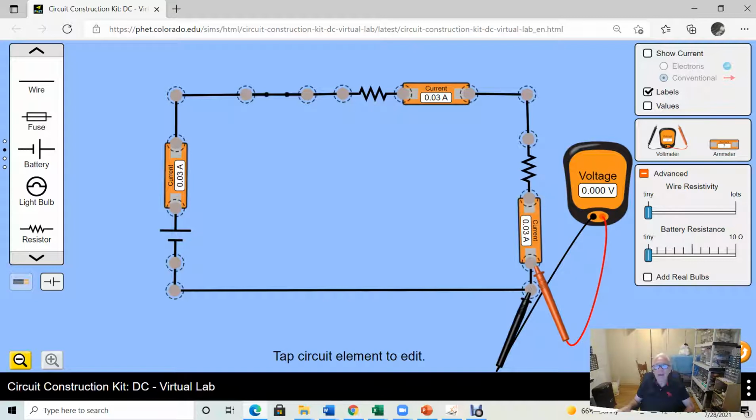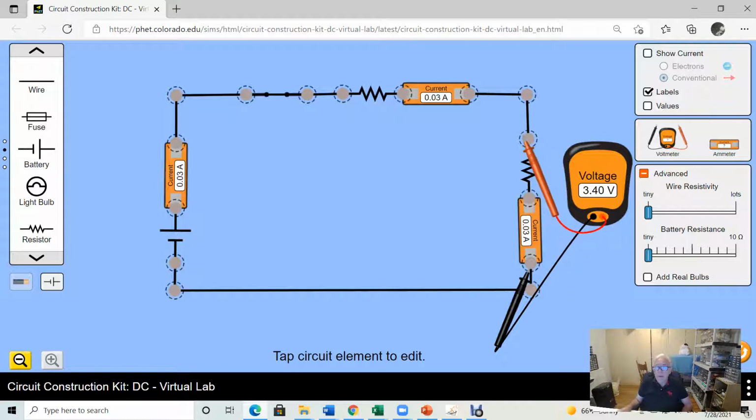Ideal ammeters have no resistance whatsoever. Real ammeters and real wires have a negligible resistance. Okay?